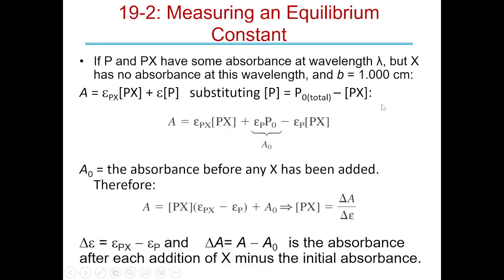Typically, P and PX have some absorbance at a wavelength, lambda, but X has no absorbance at this wavelength. And of course, you would keep your path length constant. Typically, these path lengths are 1 centimeter, the standard 1 centimeter cell that you have seen lots of.